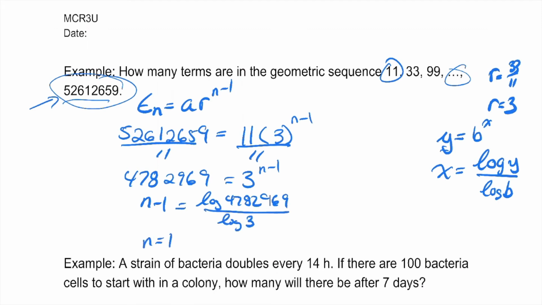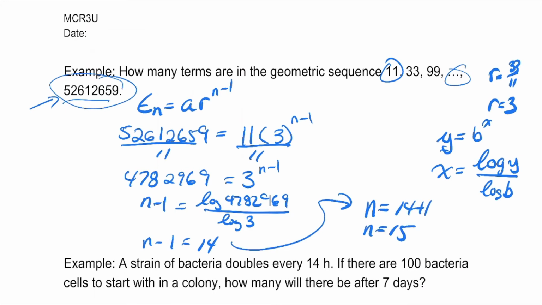Plugging that in my calculator, we're going to get 14. So in order to get n, we need to add 1 to 14, so n is going to be 15. Therefore, there are 15 terms in the sequence.